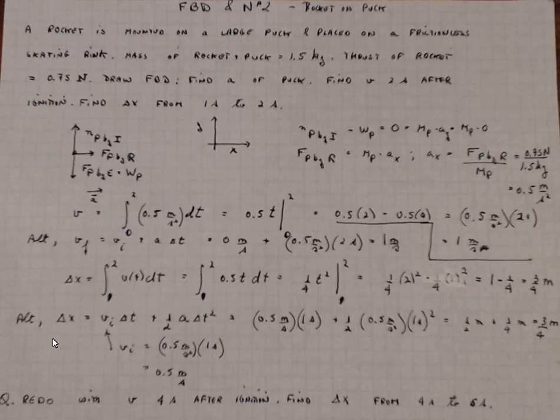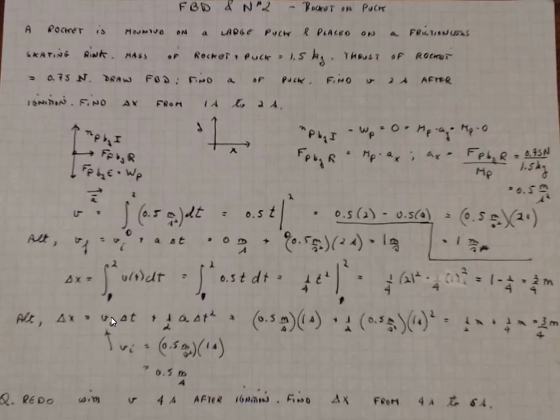Alternately, you could use the kinematic equation for the displacement, and that equation is initial velocity times the change in time plus 1/2 times the acceleration times the change in time squared. Be careful though, since we're going from time 1 to time 2, the initial velocity is not 0, it's 0.5 meters per second squared times 1 second, and so the initial velocity is 0.5 meters per second.